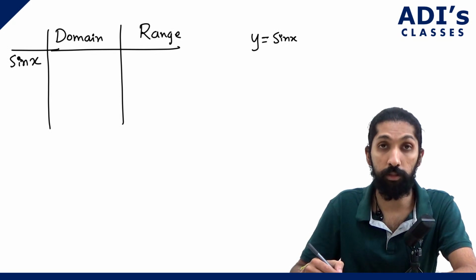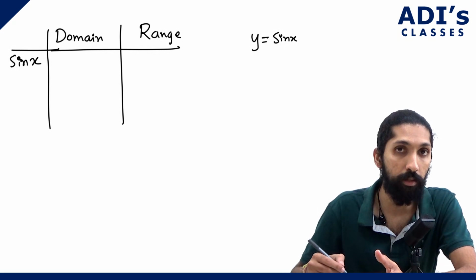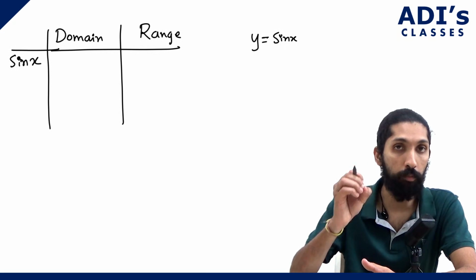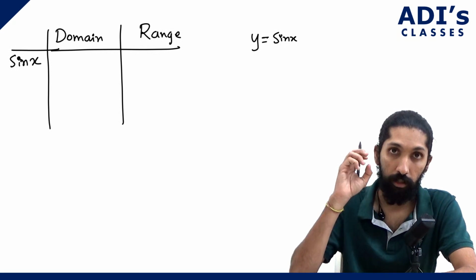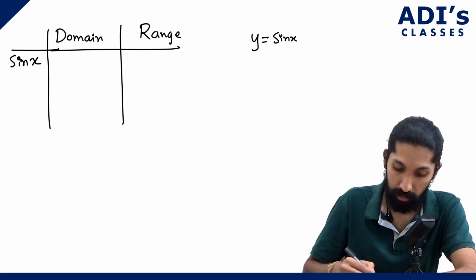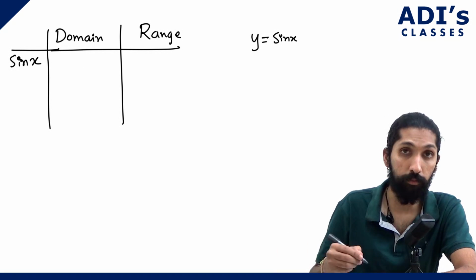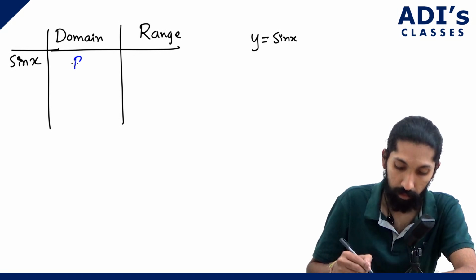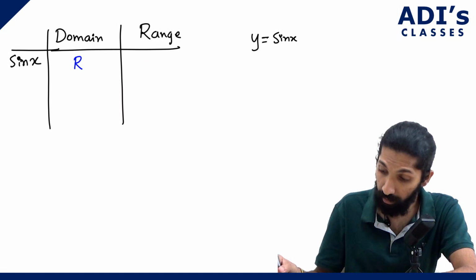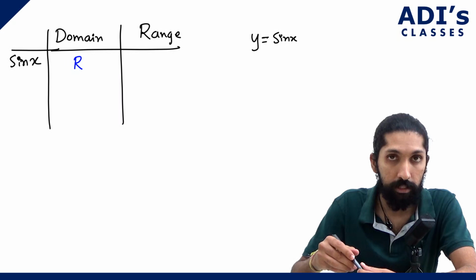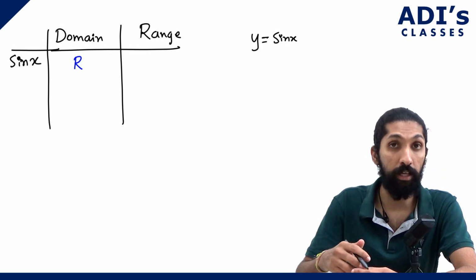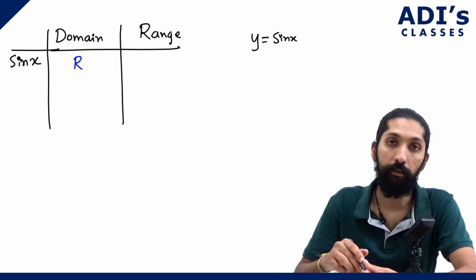Irrespective of what it is, positive, negative, 0, take any number, we have an output value, right? So the domain of this one is the set of all real numbers. Irrespective of the value of x, sine can take it, x being a real number.